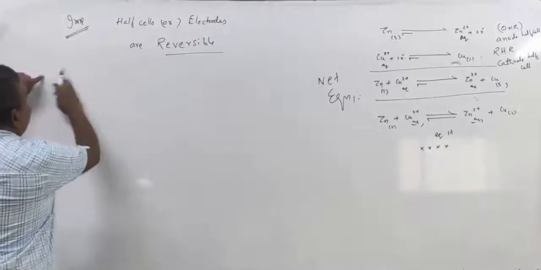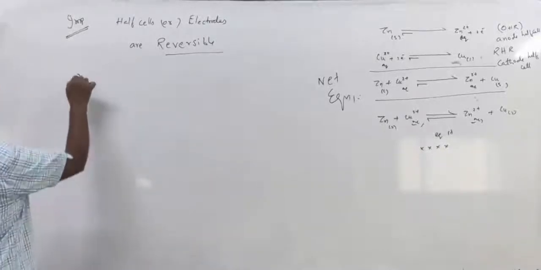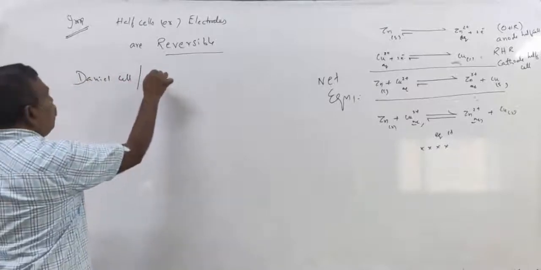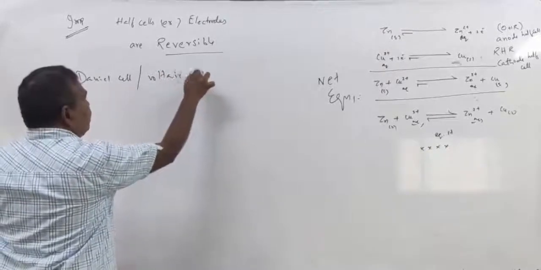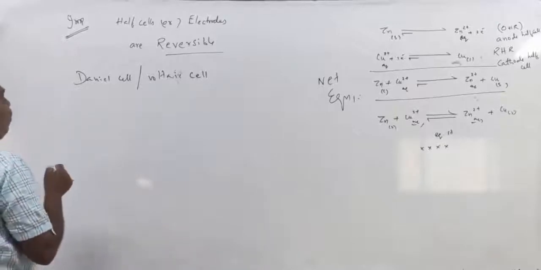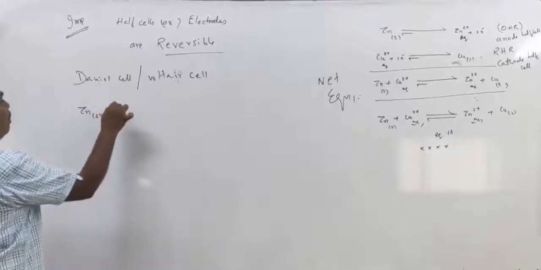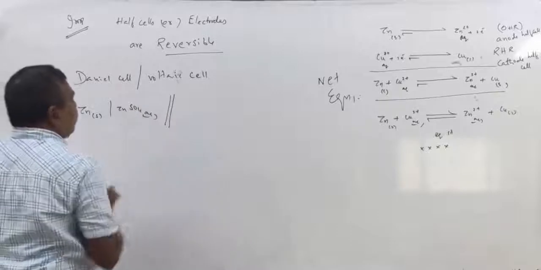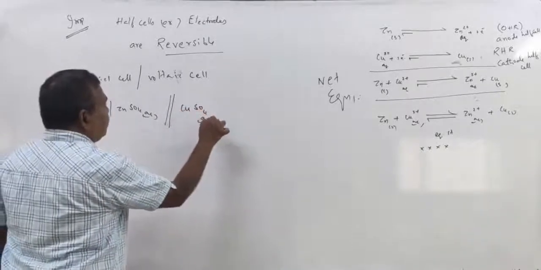See, in the Daniell cell or voltaic cell, how will you represent the cell? Anode, salt bridge, cathode half cell, right?